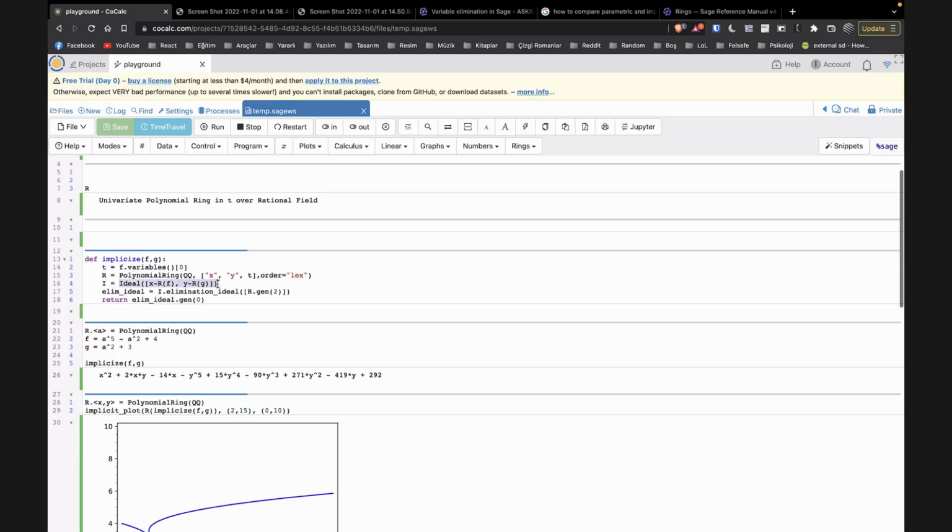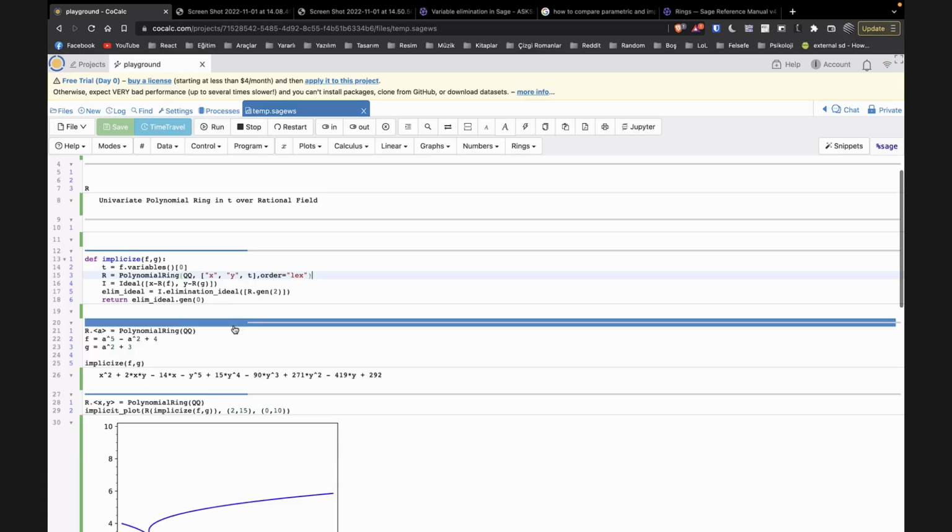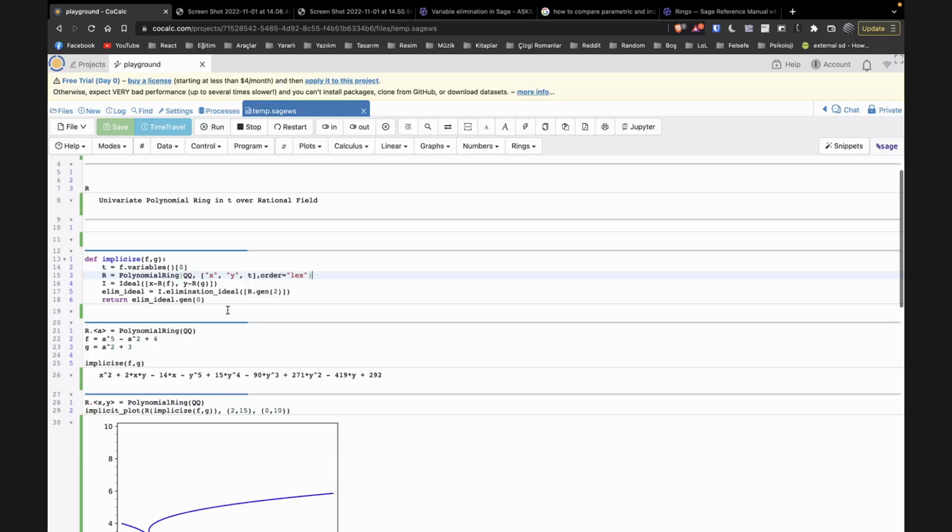Then I create an ideal, just like we showed, and eliminate, like x equals f, y equals g. But yes, you have to cast f and g in the new ring, because otherwise they were univariate polynomials, but now we want them to be part of the multivariate ring with x, y, and the parameter, right?